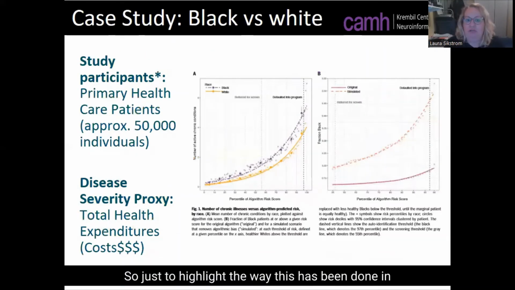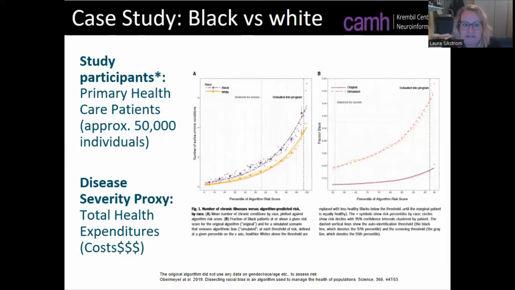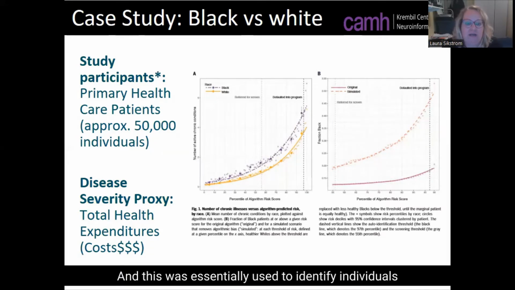So just to highlight the way this has been done in the fair AI field, there is this great study by Obermeyer and co. that many of you are probably familiar with, which looked at a risk assessment algorithm in insurance. And this was essentially used to identify individuals who required further follow-up for complex care.